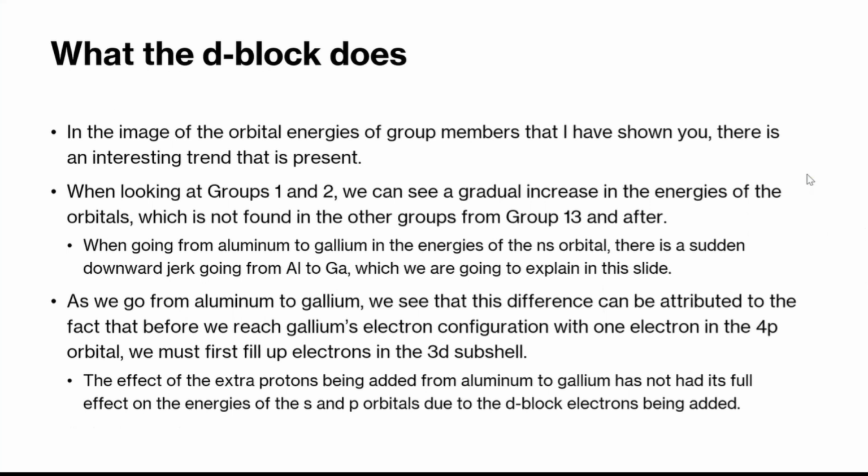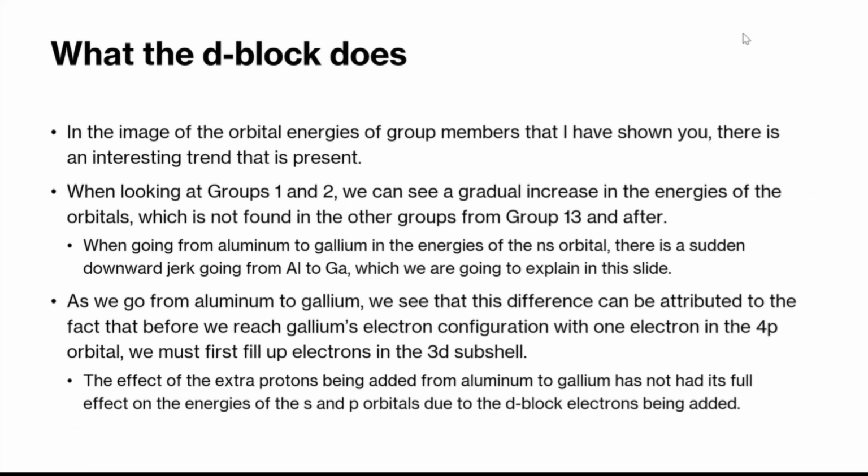Now we have to look at the effect of what the d block does on the effective nuclear charge. In the image of the orbital energies of group members that I've shown you, there's somewhat of an interesting trend that is present. If we look at groups 1 and 2, there's a gradual increase in the energies of the orbitals, which you cannot find in the groups from group 13 and after.